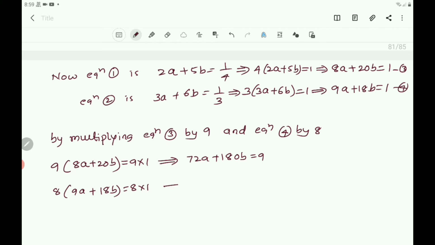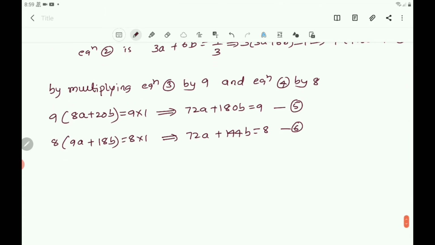So you have 72a plus 18 eights are 144b equals 8. Consider this as the fifth equation and this as the sixth equation.